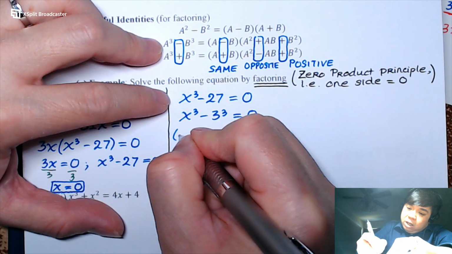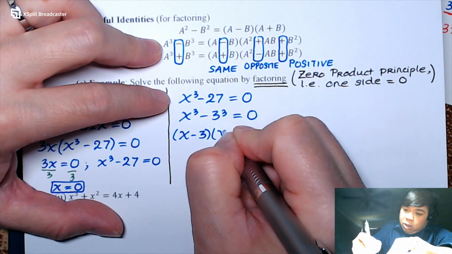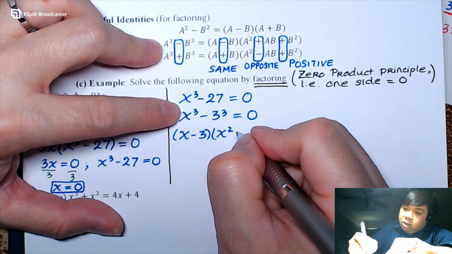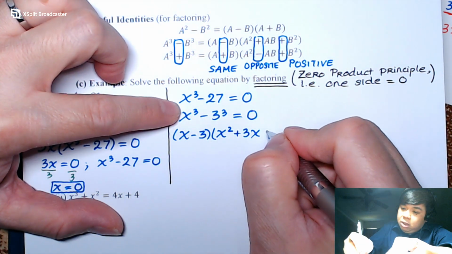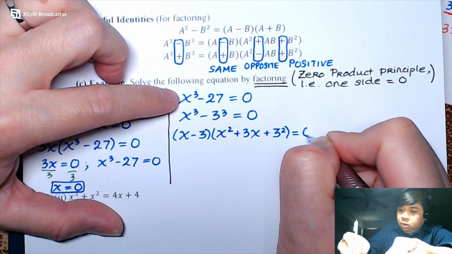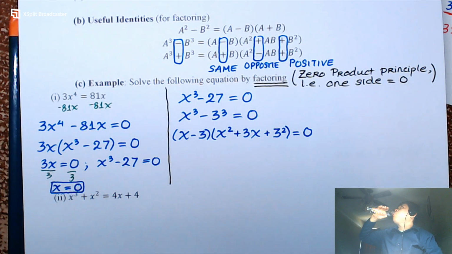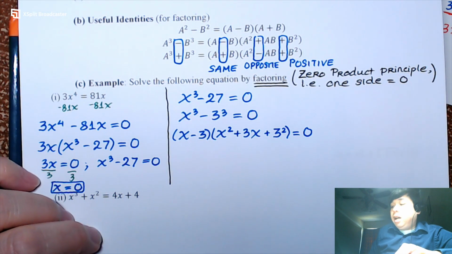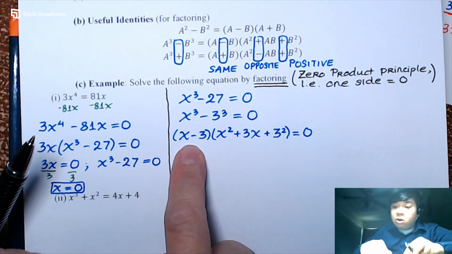So we can write this as x minus 3 times x squared plus 3x plus b squared, which is 9, equal to 0. And by the zero product principle, again, this is 0 or that is 0.